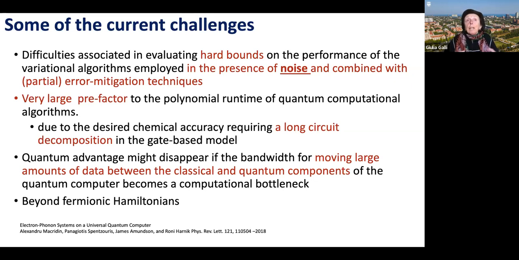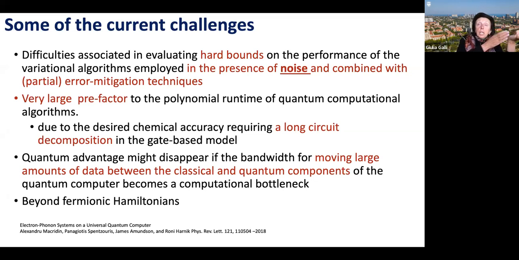This is why I'm learning all this, because quantum computers do hold the promise to give me algorithms that are much better scaling than a full diagonalization on a classical computer. However, I told you over and over again that we still have a very large prefactor to the polynomial runtime, even if we believe that the runtime is polynomial.